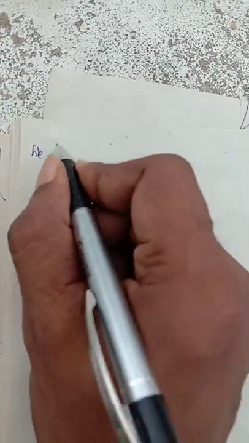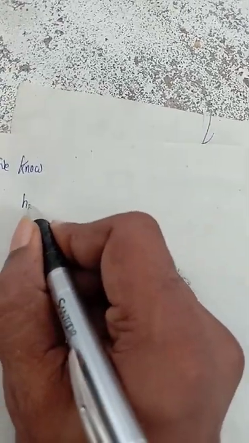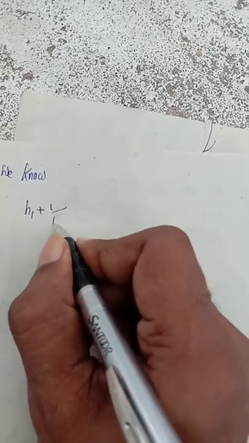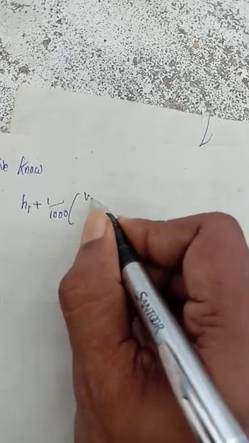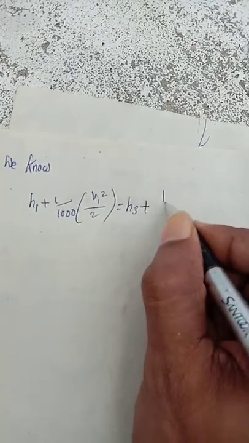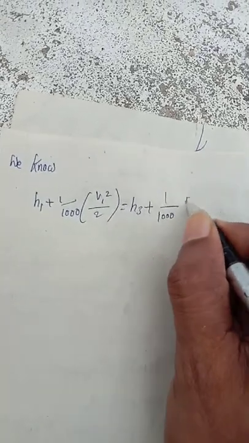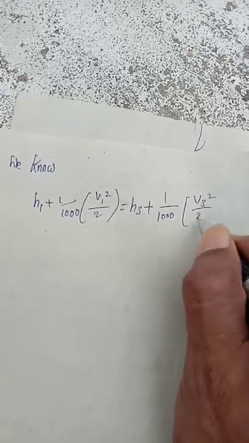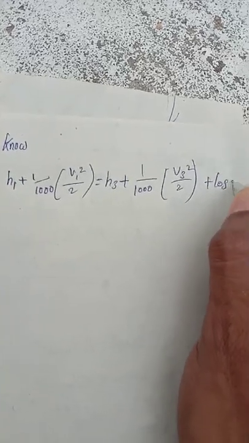Now we know that for a steady flow through the nozzle, h1 plus 1 by 1000 times V1 squared by 2 is equal to h3 plus 1 by 1000 times V3 squared by 2 plus losses.